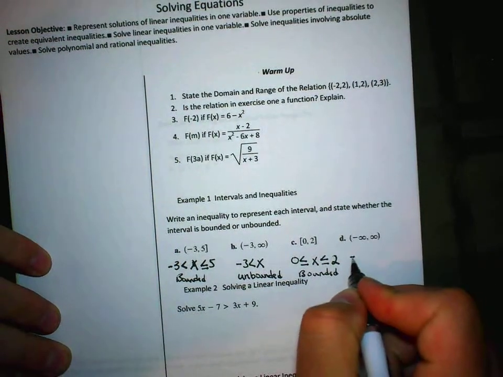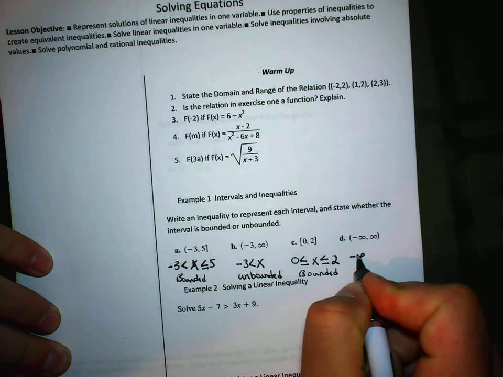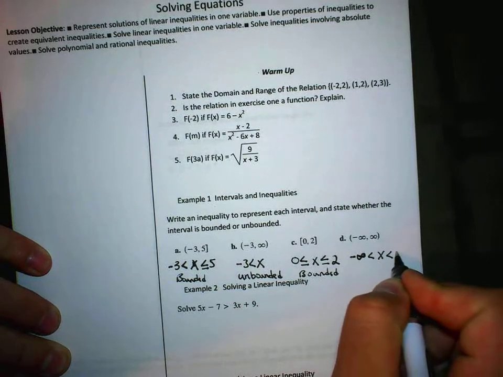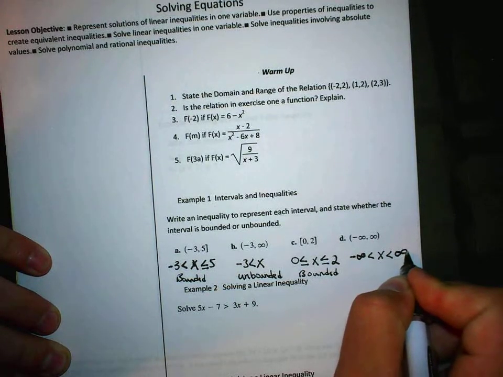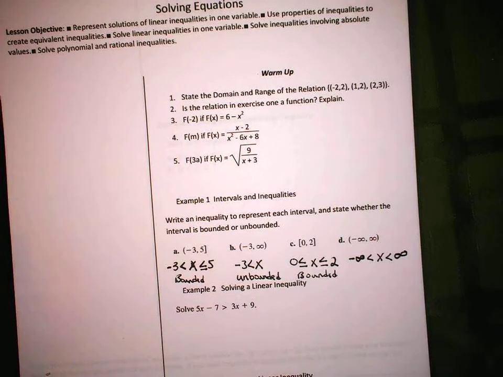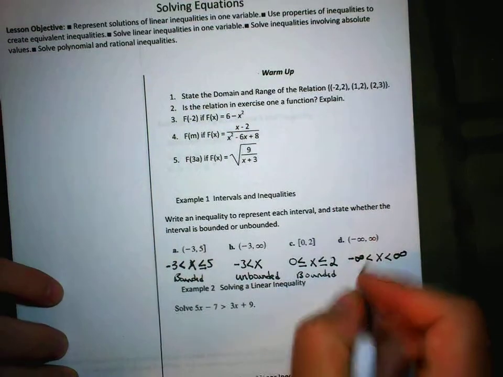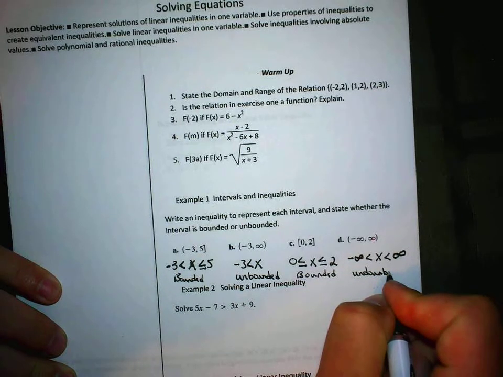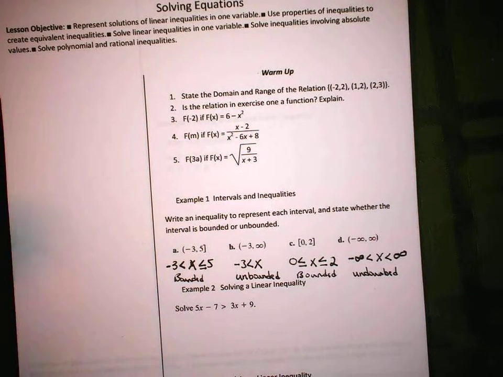Let's go ahead and do it like this to show that negative infinity is less than x, but x is less than infinity. Okay? And that just tells us that we go to all real numbers without writing it down in words. So from here we can say that it is completely unbounded. And I switched my B and D, sorry about that. So don't write bounded, write unbounded.